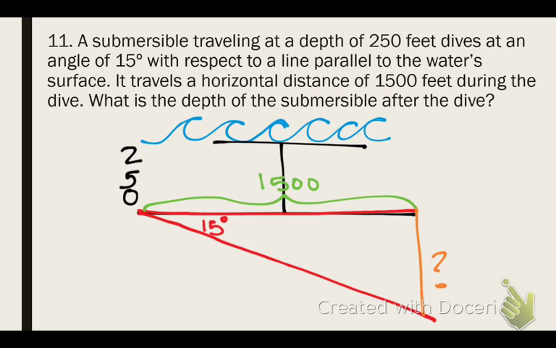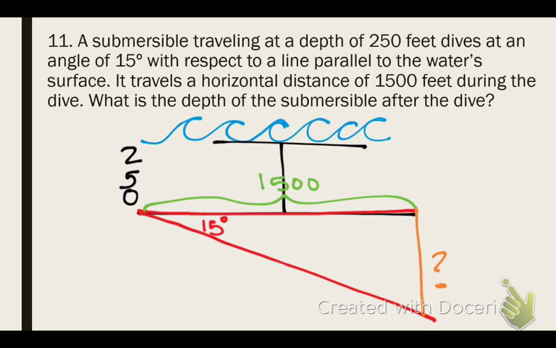But does this orange truly show how deep this submarine is? How much was it already under the surface? 250. So it doesn't account for the 250 it was under the surface. We can solve for the rest of the depth during the 15-degree decline, and then we'll have to add it to the 250 we were already under the water.